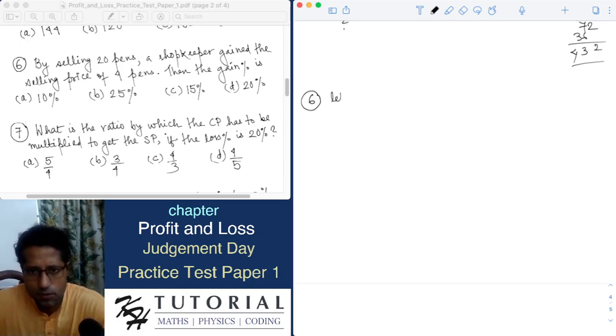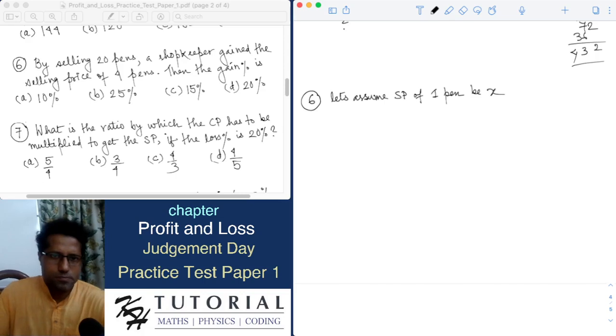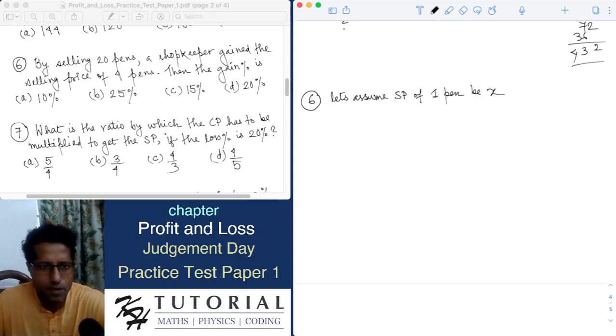So let's assume the selling price of 1 pen be x. Therefore, the selling price of 20 pens is equal to 20x.